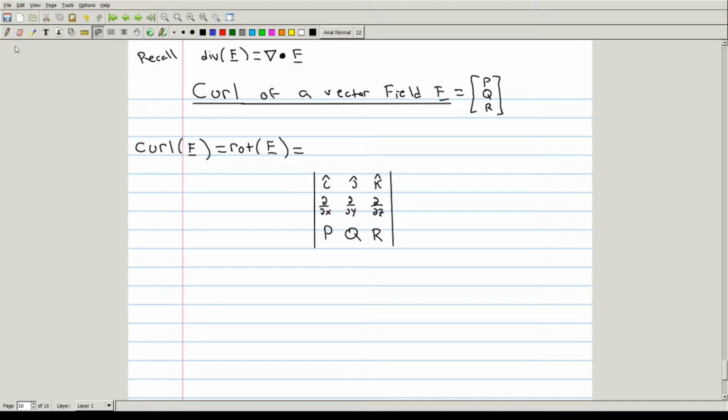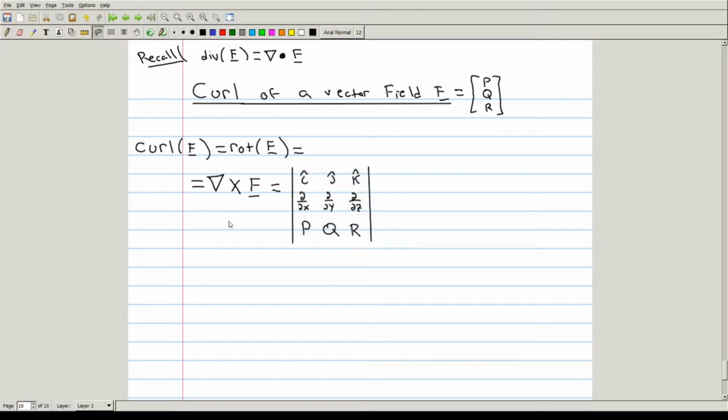Let's move this down. So the curl, like I said, instead of divergence, which we defined via the dot product, the curl we define as the cross product of this del operator with the vector field f. And this is going to give us something very, very nice.